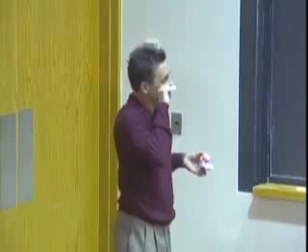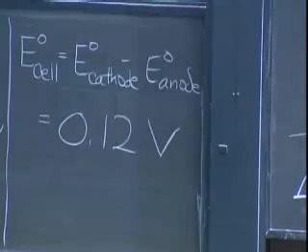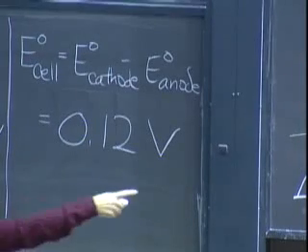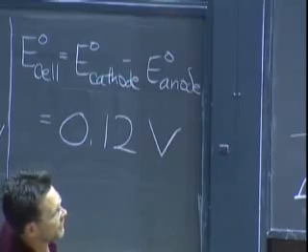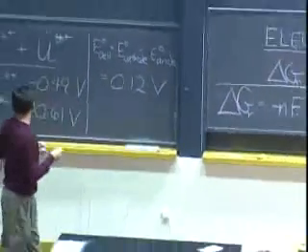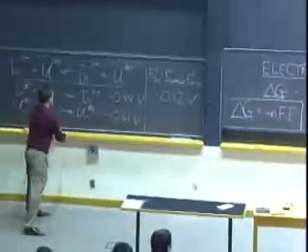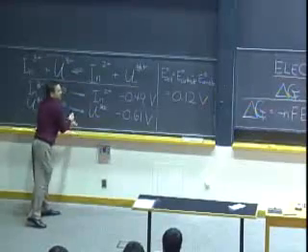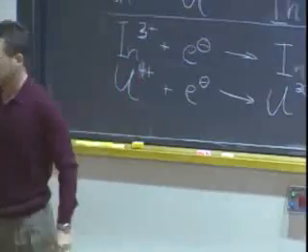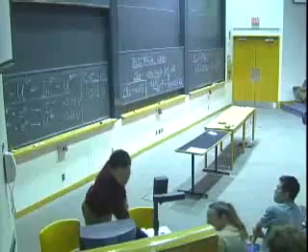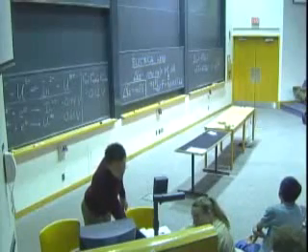That's a spontaneous reaction. And now we have all the information that we would need in order to get the equilibrium constant for this reaction. So we know that in terms of standard potential, it's 0.12. So let's see here if we can just calculate this.